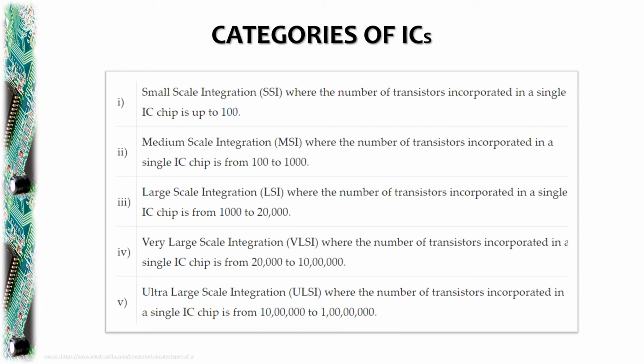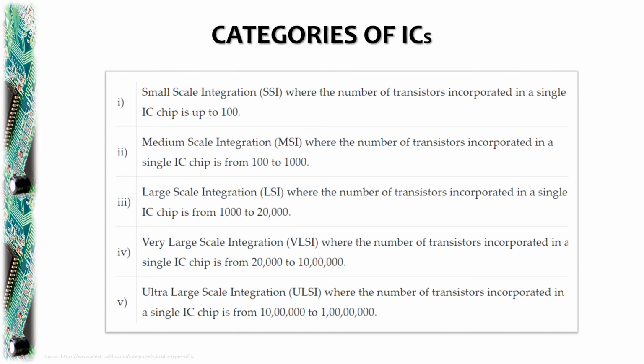Now we know that the main component of any IC is the transistors, right? And these transistors may be bipolar or field effect depending on the application. That we have already studied in the previous slide. As technology is improving day by day, the number of transistors incorporated in a single IC chip is also increasing, right?